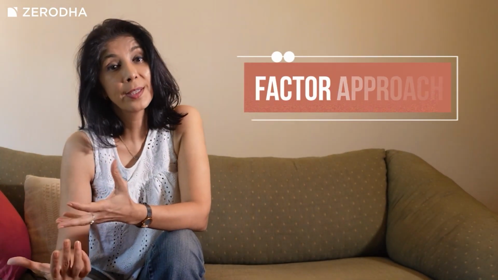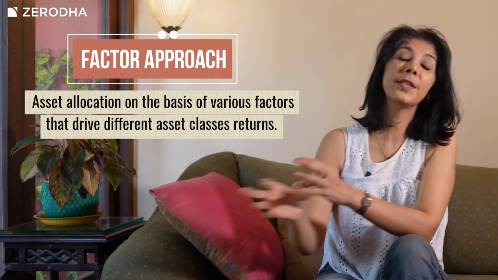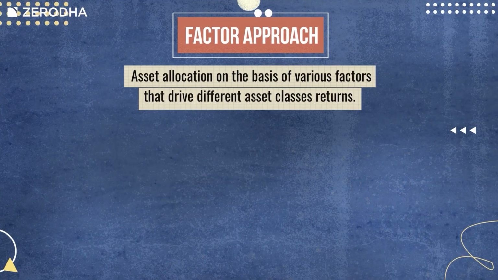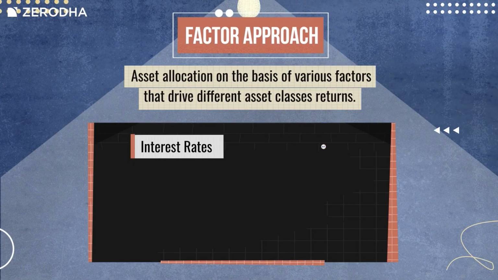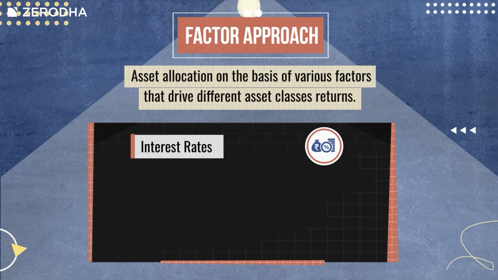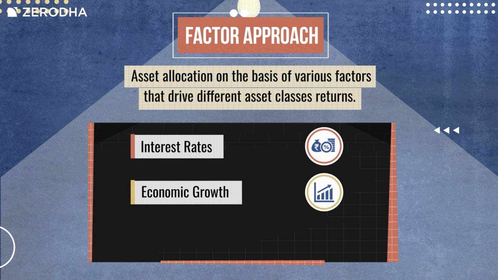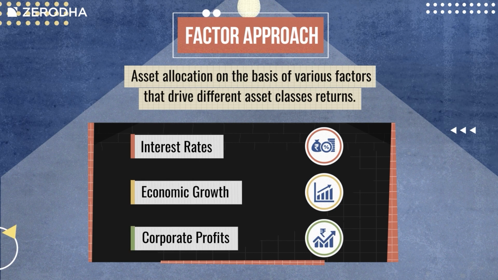There is another approach that is more prevalent now, which is taking a factor approach, which is basically saying, let's diversify across different asset classes based on interest rate risk, sort of affecting bonds more, to some extent equities. But then there's economic or GDP risk, there is corporate profit risk, and so on.